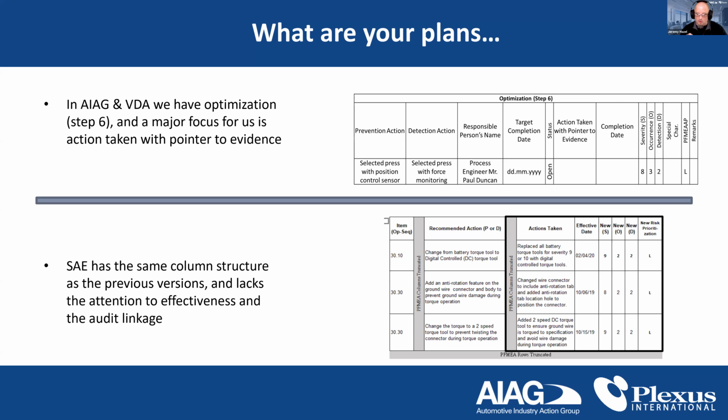Now, the one thing that I'll say is augmented in the AIAG VDA as a highlight, not as better or worse, but augmented. In the old method, a lot of times we changed values, but we couldn't prove why we did it. So there's a new push with the action taken with pointer to evidence that links changes in your AP to the documents and the tests that you actually did to validate the results.